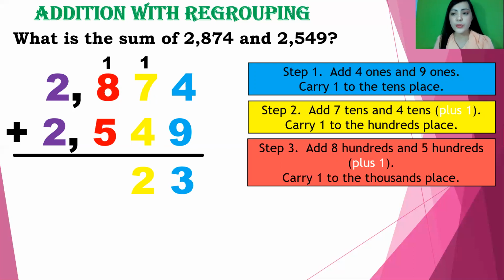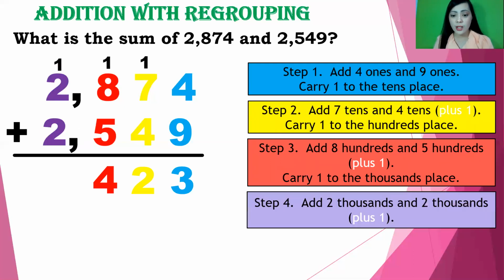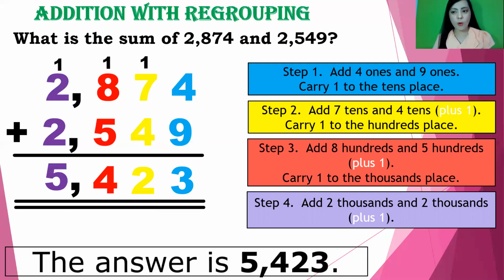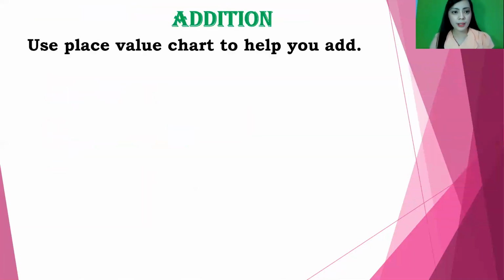So that is equal to 8 plus 5 is equal to 13 plus 1 is equal to 14. Carry 1 to the thousands place. So step number 4, add 2,000 and 2,000 plus 1 on top of the 2 is equal to 5. So the answer is 5,423.